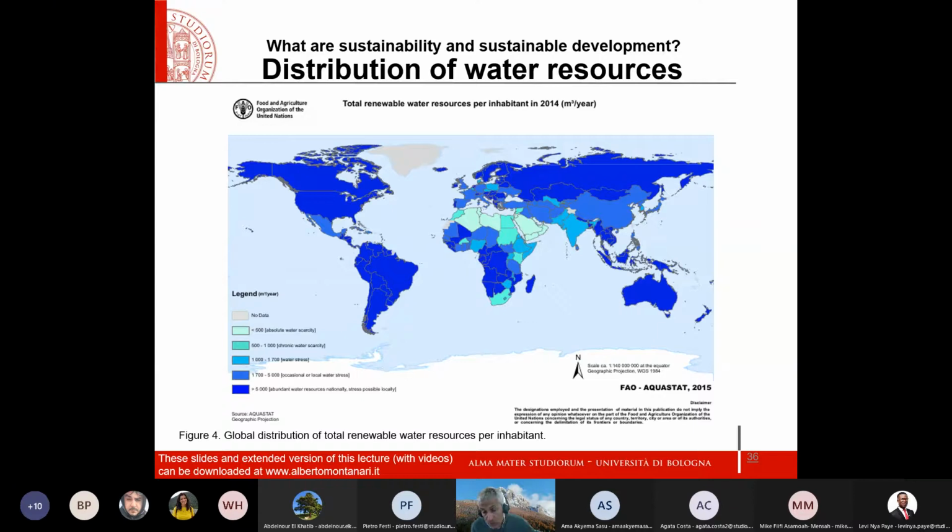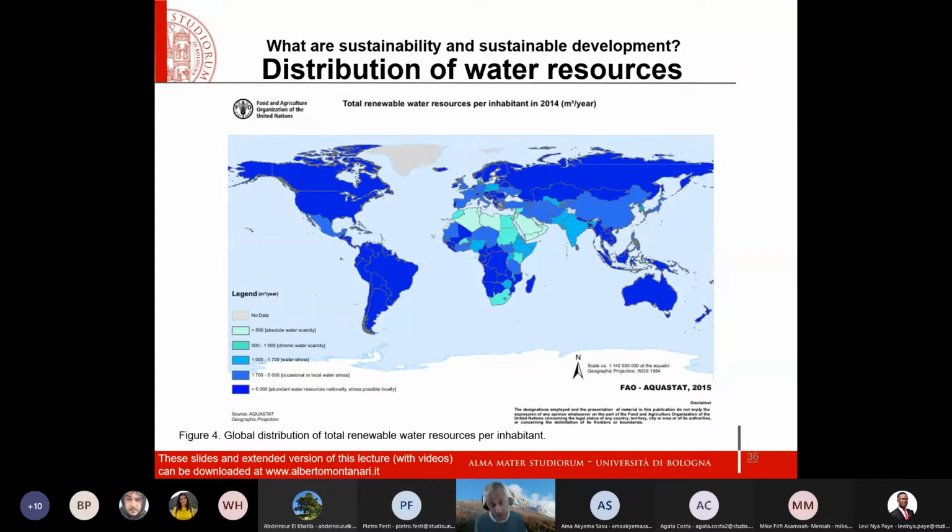And if you have some time, I suggest that you try to get familiar with these global databases. There are a lot of open access databases where you can get data related to water. And the list is very long. I may mention also the database of the World Bank, which gives information on the economy of the countries, gives information on the GDP of each country, gross domestic product.